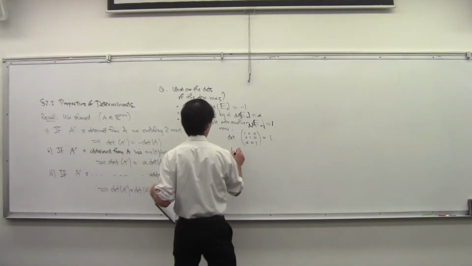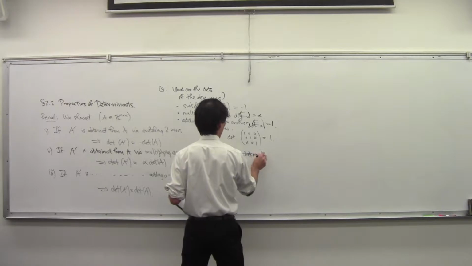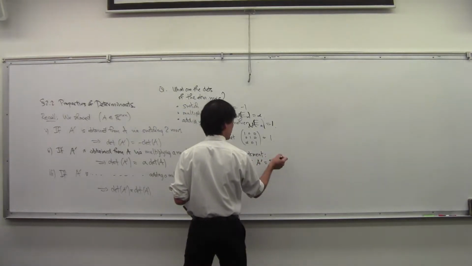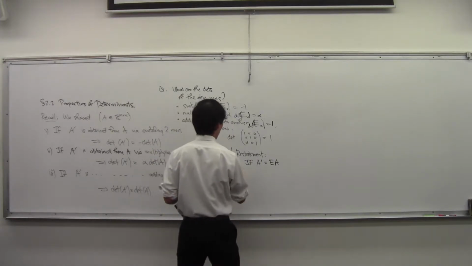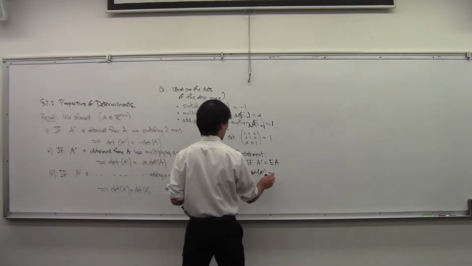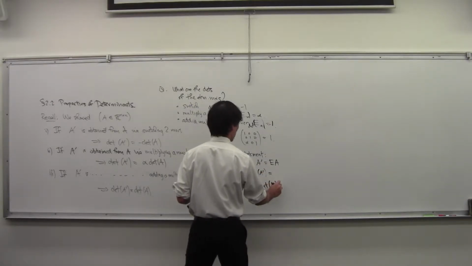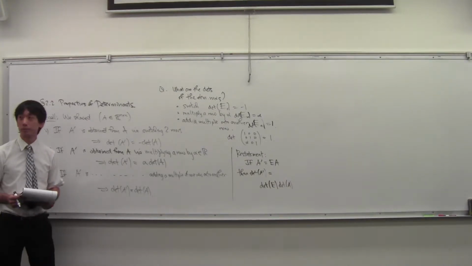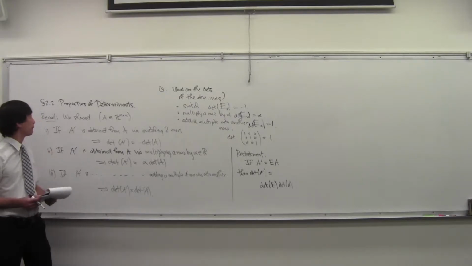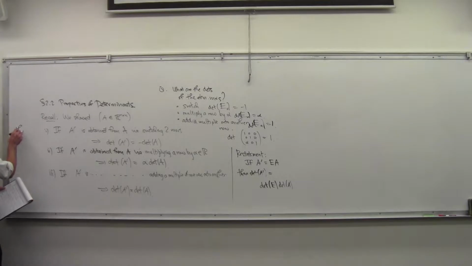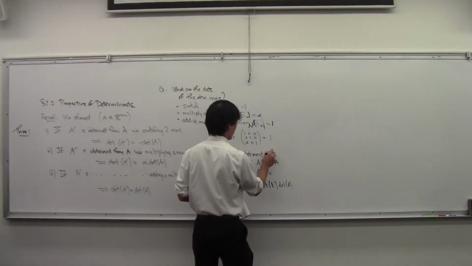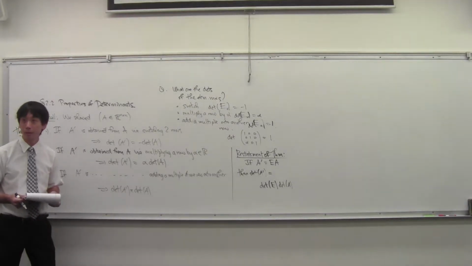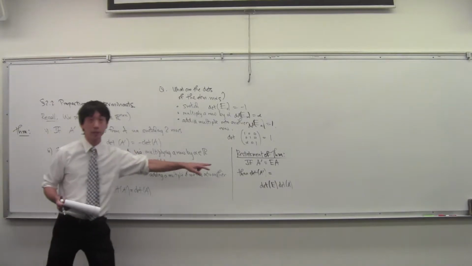You can restate it: if A prime is some elementary matrix times A, then the determinant of A prime is the determinant of the elementary matrix times the determinant of A. Everybody see that that's exactly the same statement as here?